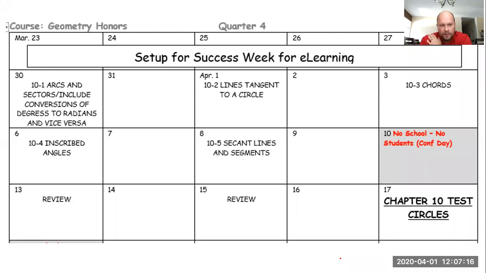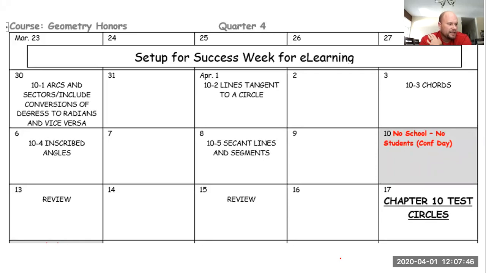So right now in the calendar, this is the first 3 weeks of what I'm planning on doing. Currently, I believe that the 10th of April will still be a no school day. I'm really not sure. They haven't said anything about it just yet, but I'm assuming it's a no student day or no school since that's the day that was originally on the calendar that way.